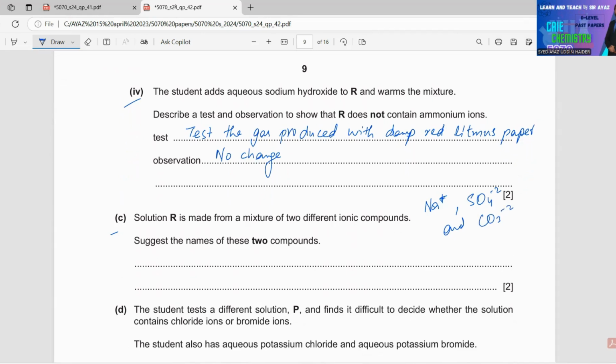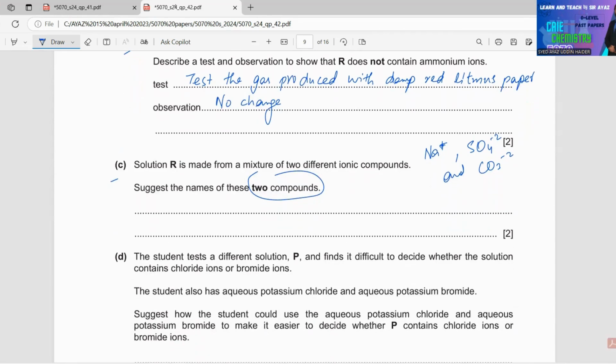So the compound must be containing both sulfate and carbonate. So we have sodium carbonate and sodium sulfate.